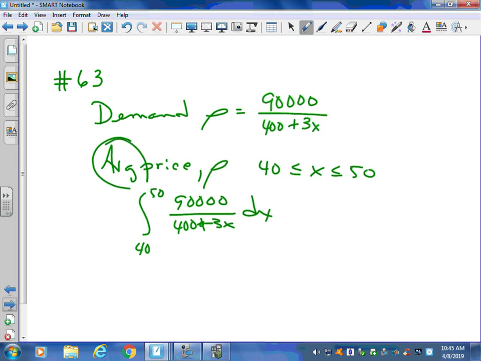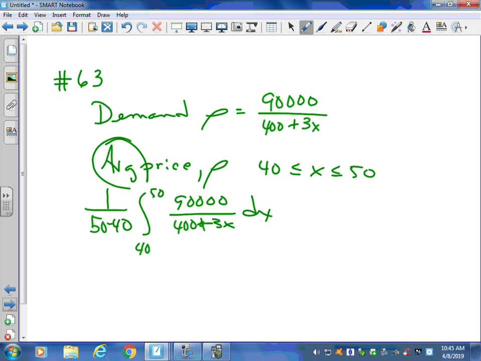What about this word average? What do you always put on your problem when you want to do an average? It's 1 over B minus A. So in this case, that would be 1 over 50 minus 40.